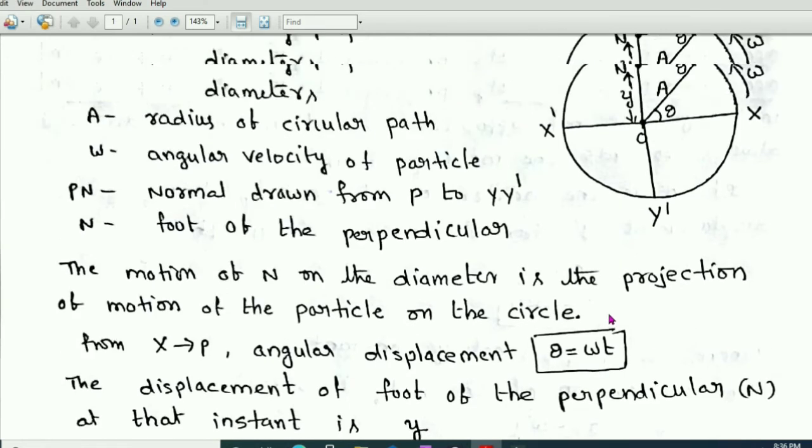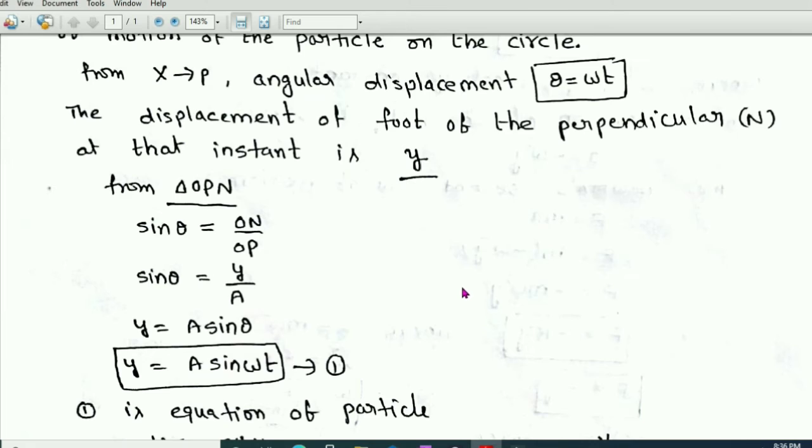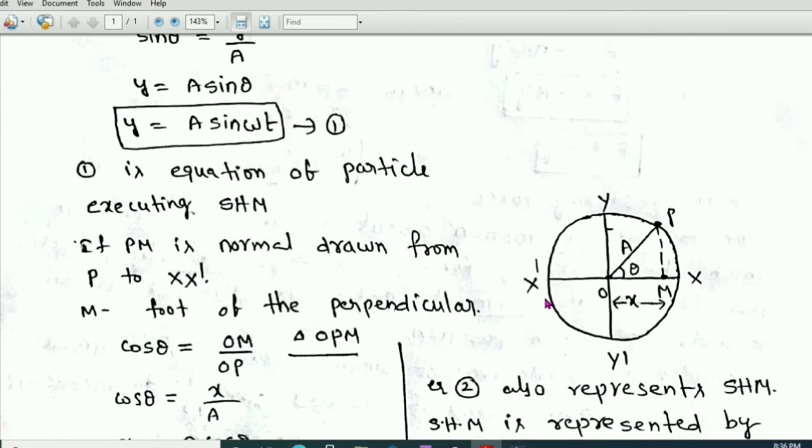Now, here we considered the foot along the y dash diameter. Similarly, we can consider the foot along the x dash diameter also. As the particle is at point P, if you take the normal from P to the x dash diameter, that is PM.